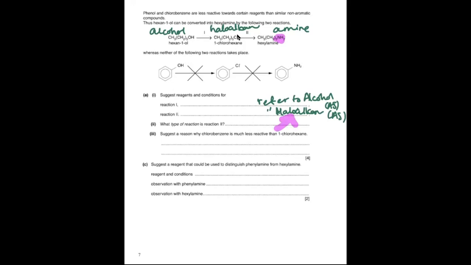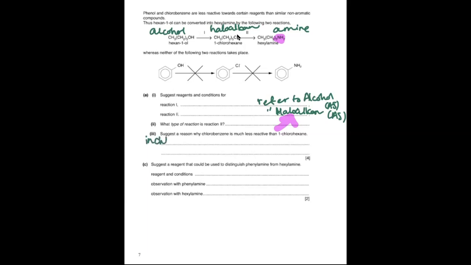Suggest a reason why chlorobenzene is much less reactive than 1-chlorohexane. Okay, so this one you may not know it yet, but I will give you the answer.